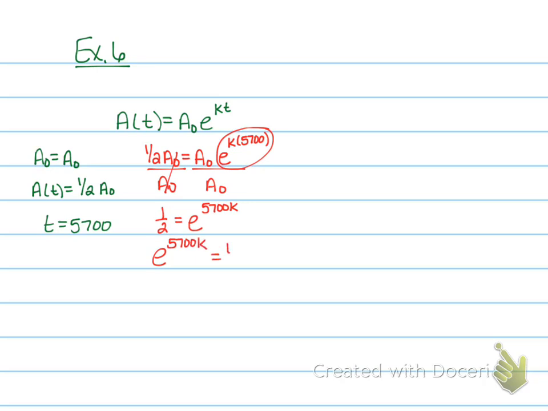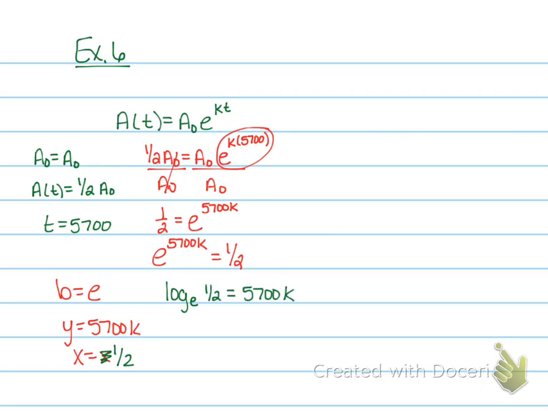So I'm going to switch the sides here. It's b to the y equals x. My base is e, my y is the 5,700k, and my x is 1/2. Sorry. So when I set it up into log form, I have log base b of x, which is 1/2, equals y, which is 5,700k.